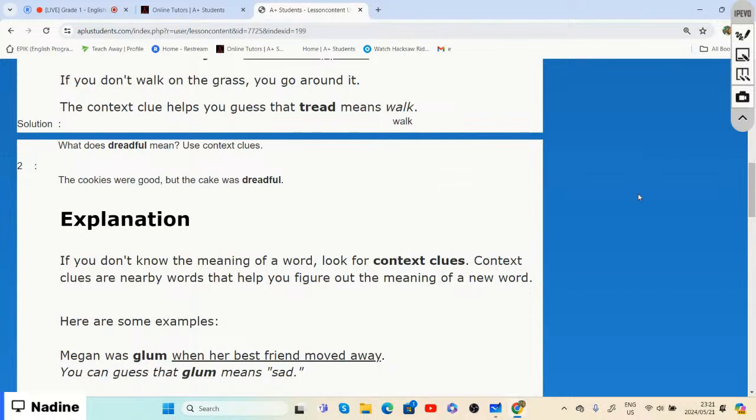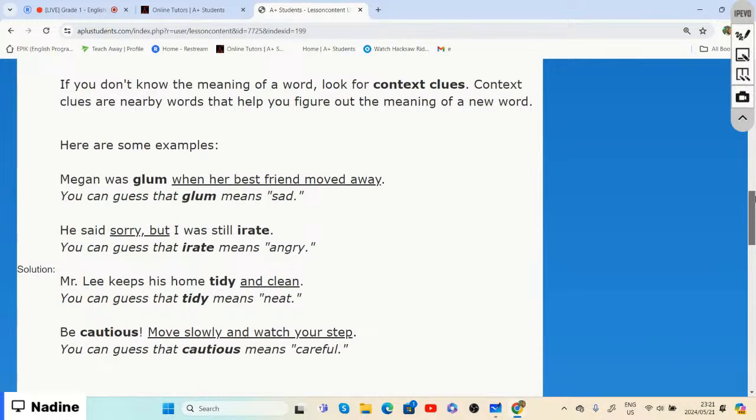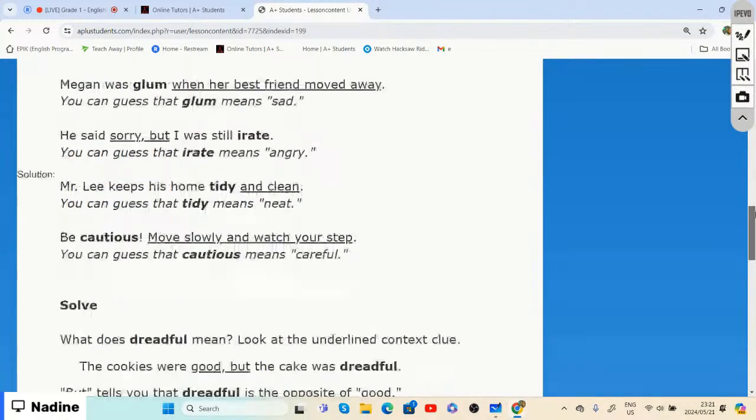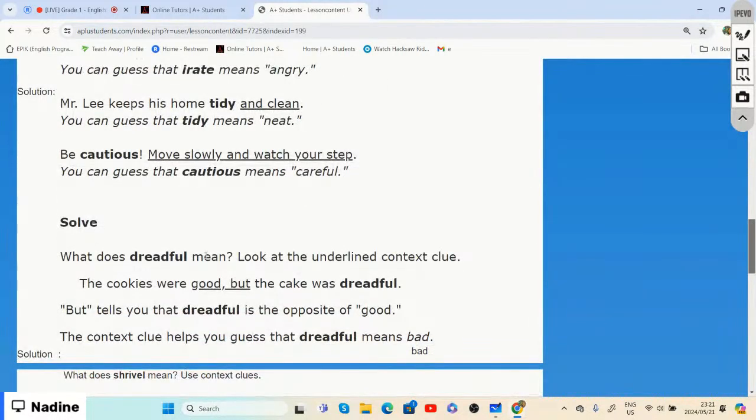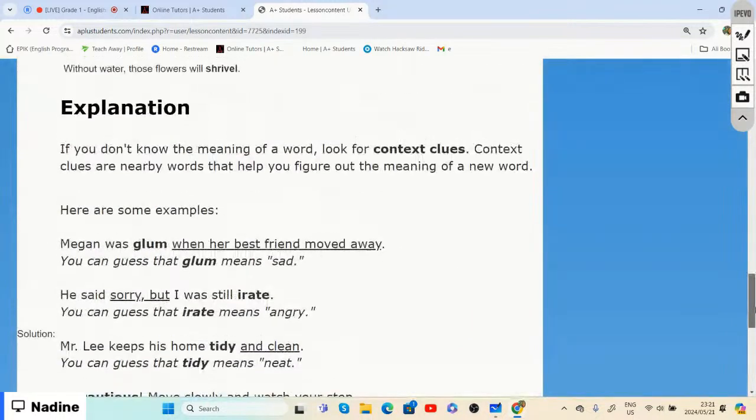All right. So if the cookies were good, but the cake was dreadful, then it means we are making a comparison, saying the cookies were good, but the cake wasn't so nice, right? Dreadful is the opposite of good. As much as the cookies were good, the cake was not so good. It's like it was bad. That is what dreadful means.